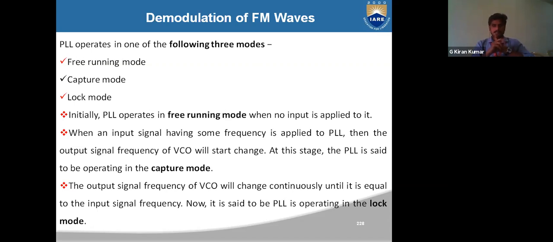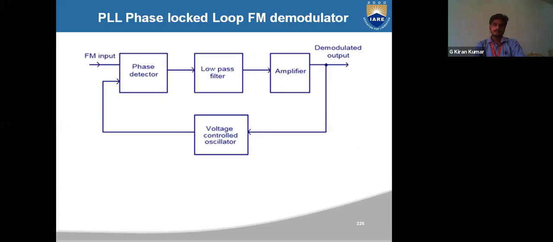In that case, we get the exact output value, and that is denoted as lock mode. Free running mode, capture mode, and lock mode. At the time of lock mode, the phase error is 0 and both input and output signals are equal. Okay, so this is about FM demodulation by using PLL.